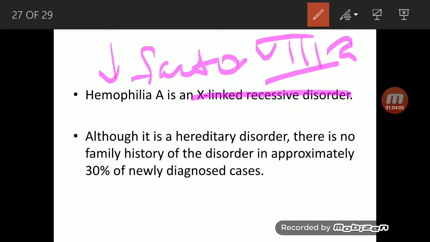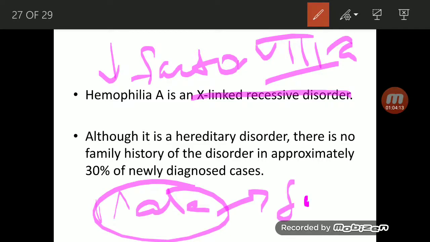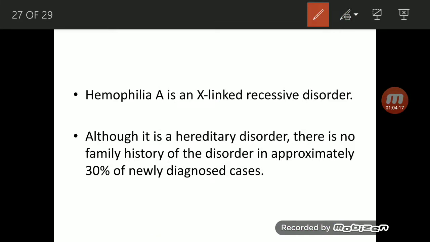Generally this affects males more than females, whereas females are just carriers. Though it is hereditary in nature, it has been seen that 30% of newly diagnosed cases do not have any family history.